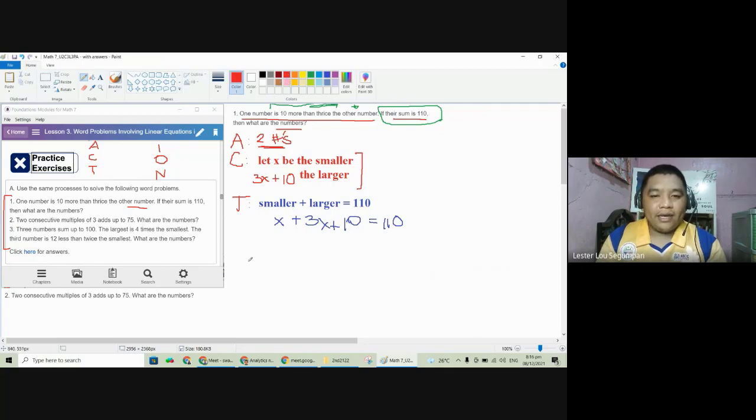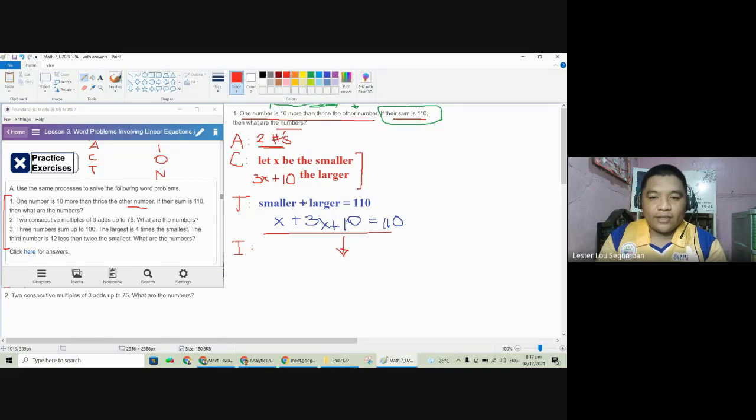Step I in this manner is to implement. In short, we are going to solve this linear equation in one variable to come up with the value of the variable that could help us find the smaller and the larger number. So from here onwards, what you need are those concepts you've learned in solving linear equations.